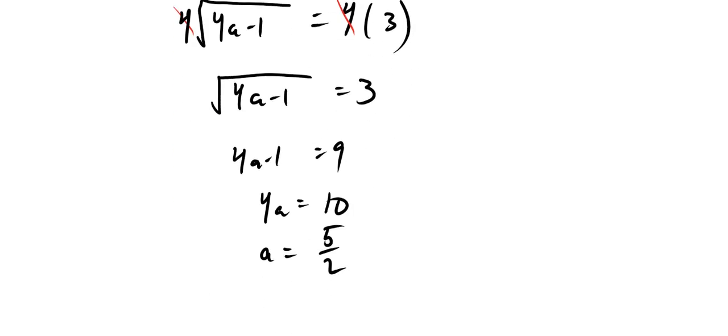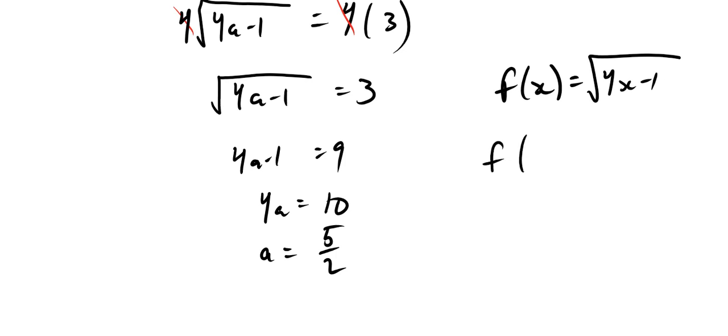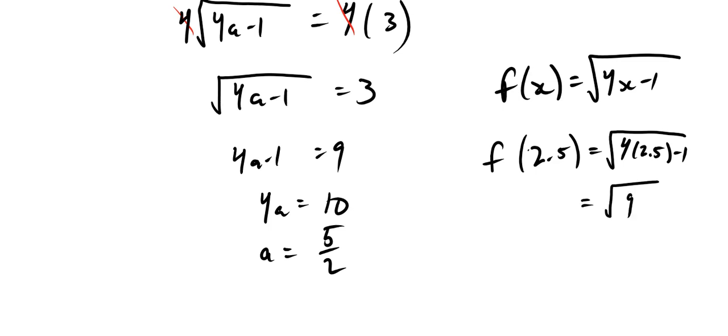Okay, I'm just going to finish this off. My original function was the square root of 4x minus 1. Now I want f at a, which is 2.5 or 5 over 2. The square root of 4 times 2.5 minus 1. 4 times 2.5 is 10, 10 minus 1 is 9, so it's the square root of 9, which is 3.